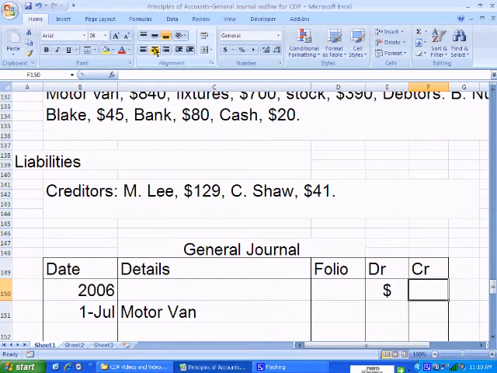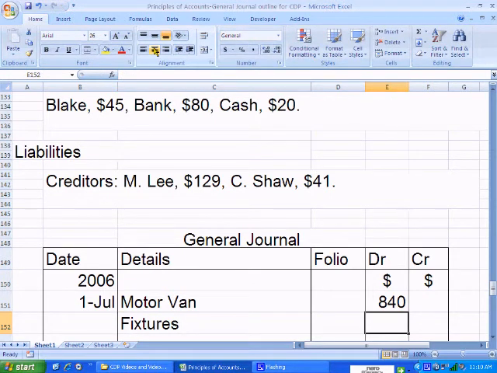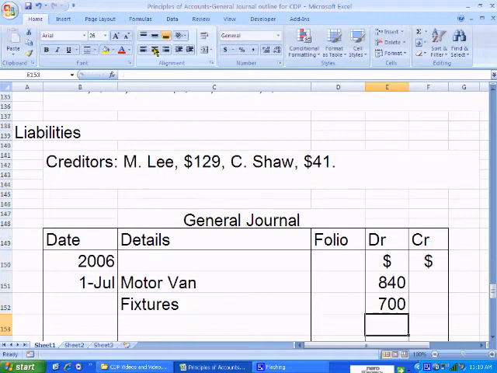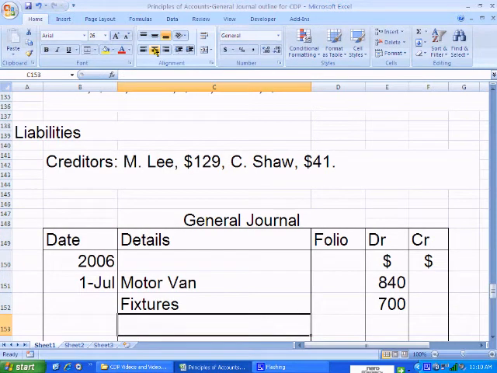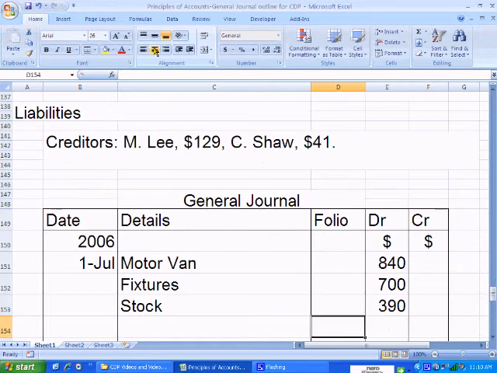Then now stock, 390. Debtors, B. Nunes, and the amount is 95.